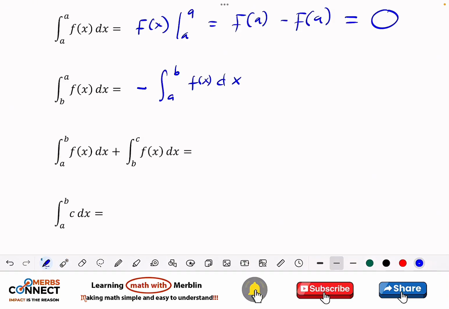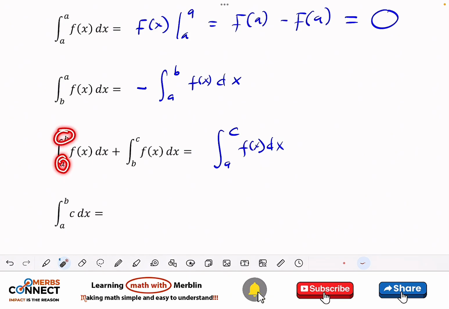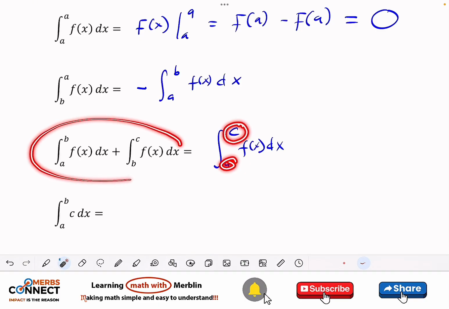Now this one too can be written as this. We can combine this and write it as the integral from a to b of f of x dx. This one is supposed to be c. We can combine the integrals, and you can see that the same b is here. So we can combine this integration by starting from a to c. If I have the integral from a to c, then I can split it like this.